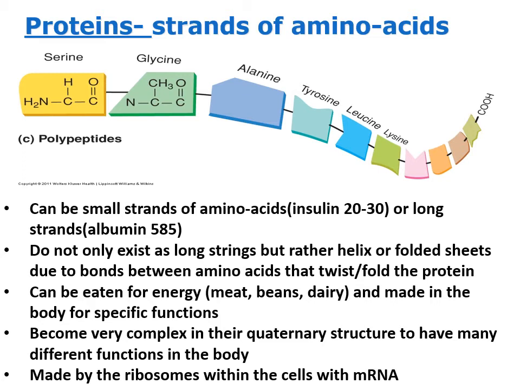And some act as hormones, some act as carrier proteins in the bloodstream, some act as muscle proteins. There's just an endless amount of different proteins that the body will use as basically building blocks of the body.